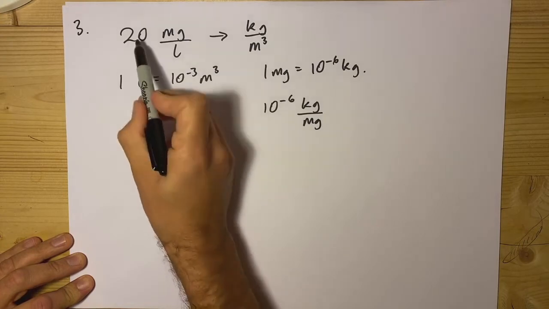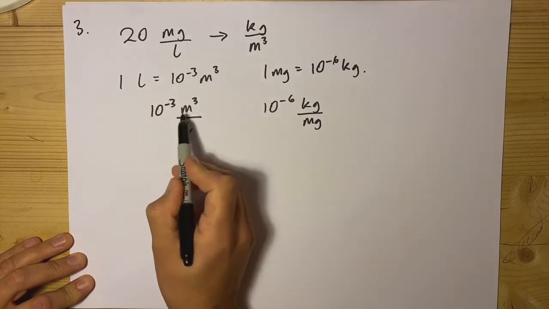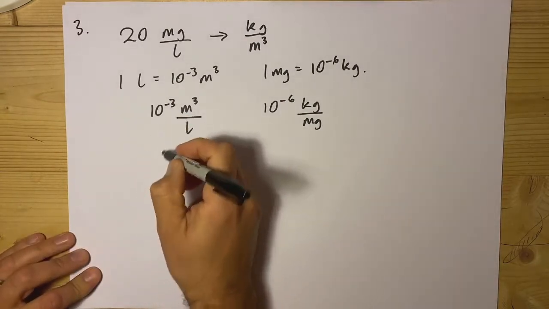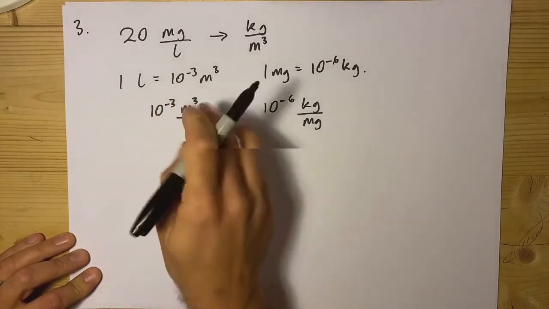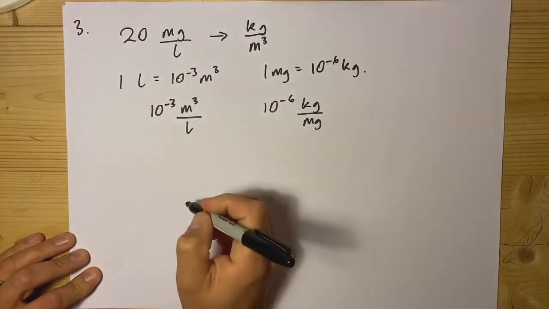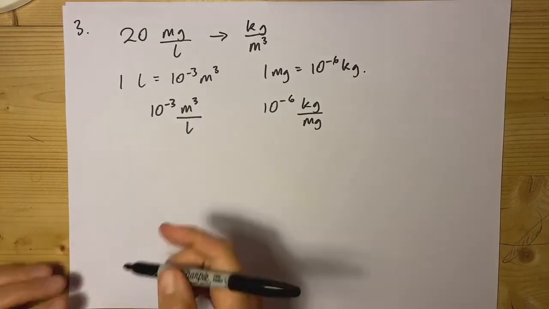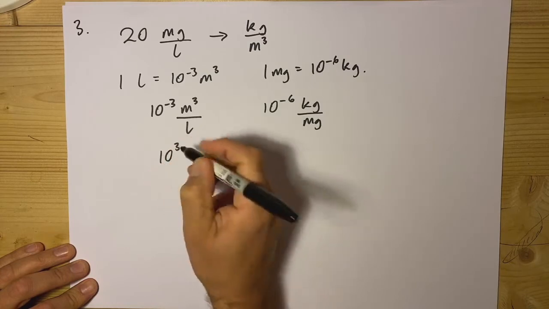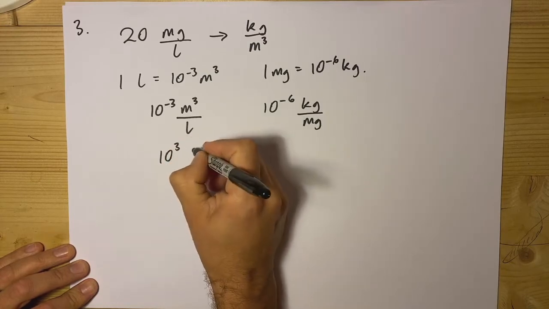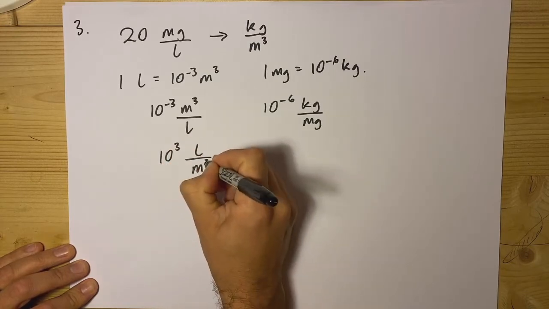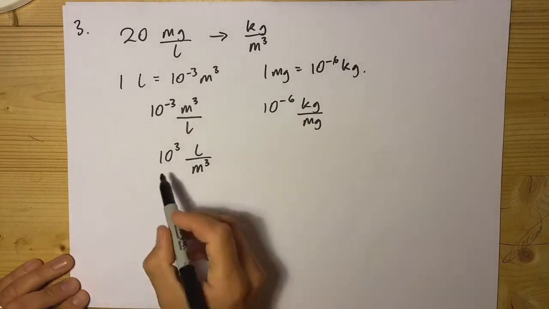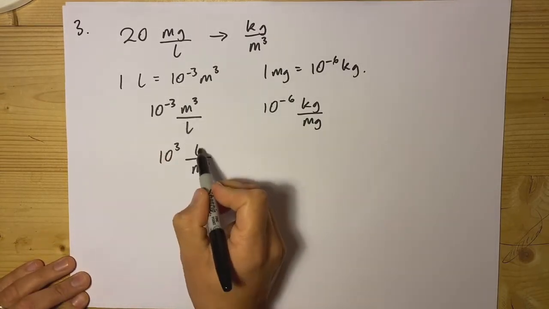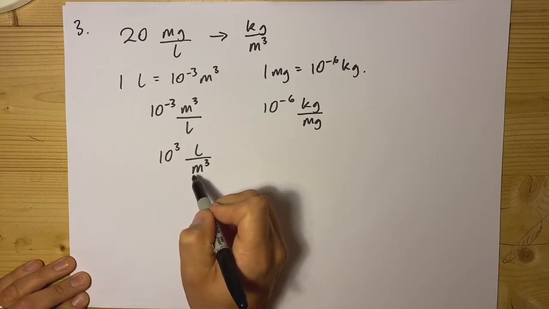So if we were to multiply this by 10 to the minus 3, then we'd have litres squared underneath, which doesn't help us. So we need to invert this so that it's litres per metres cubed. So take the reciprocal of it, invert it. So that then becomes 10 to the power 3 litres per metre cubed. Okay, so I hope that makes sense. We've just flipped that the way around, and therefore we invert the units.